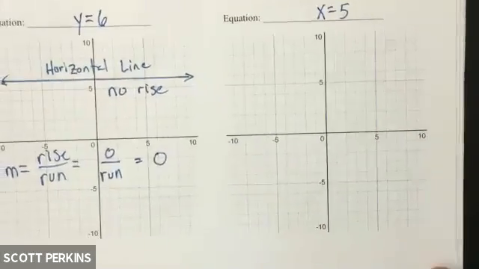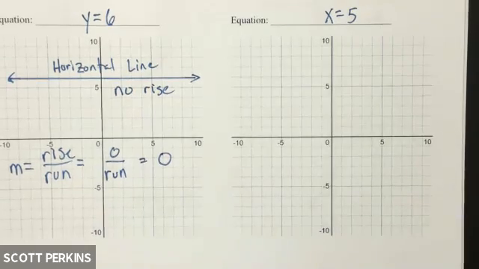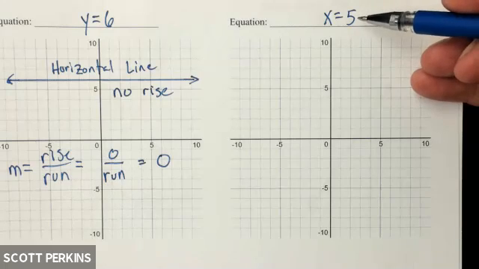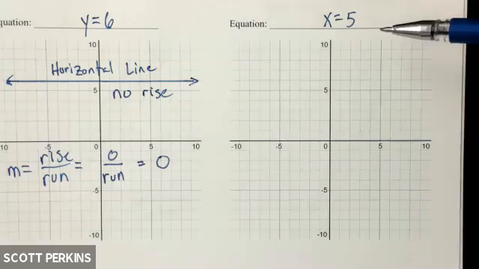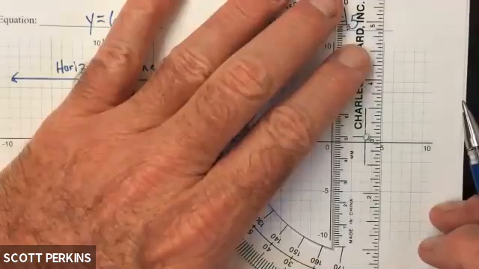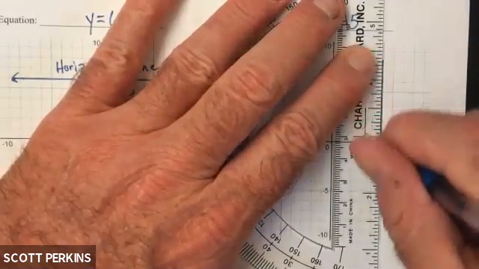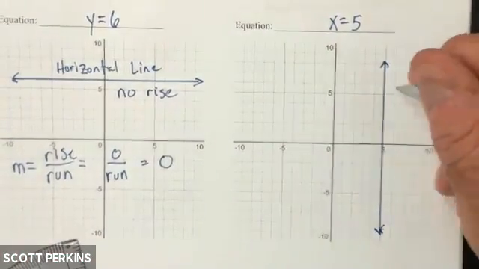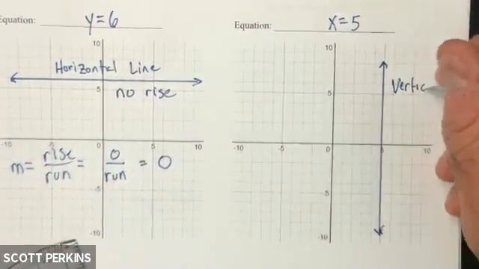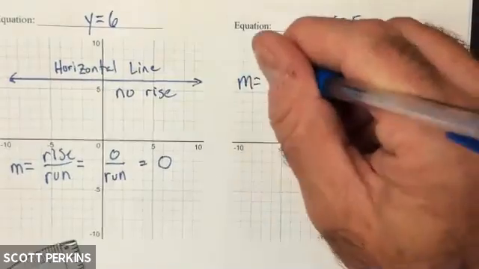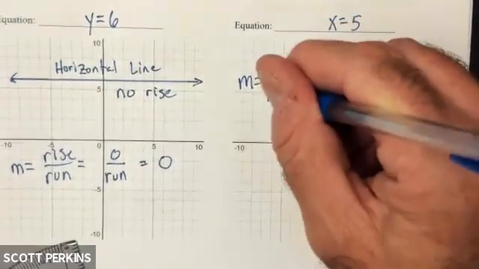Okay, we'll still review, probably easier to review since we just answered that question. If you have x equal to a number, what kind of line is that? Vertical, yes, woohoo! So once again, my slope is rise over run.